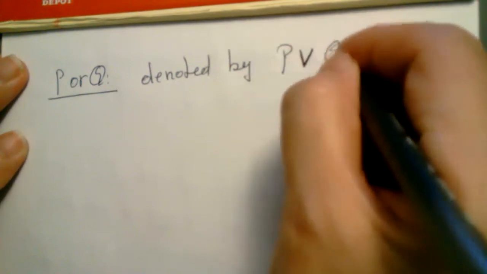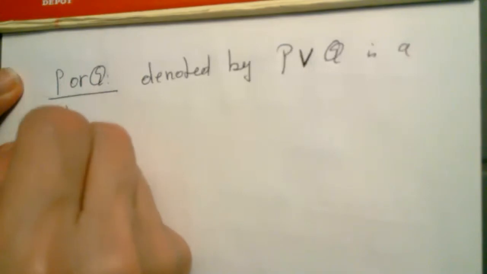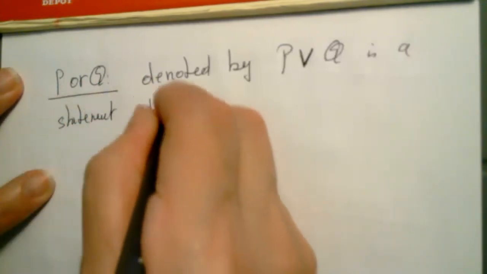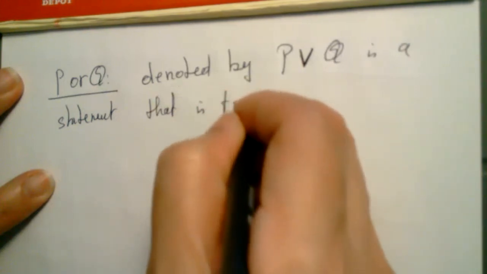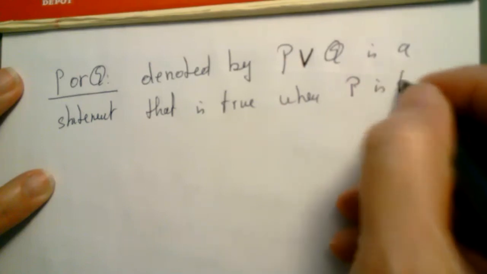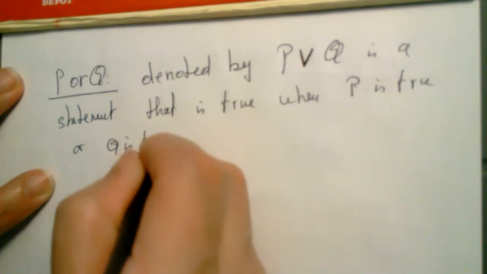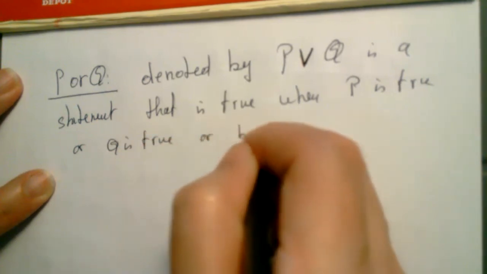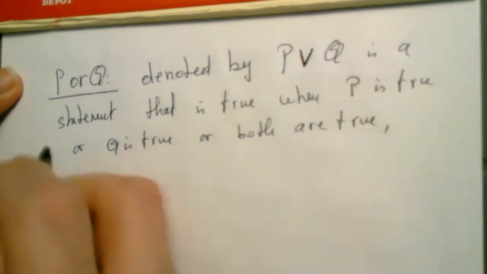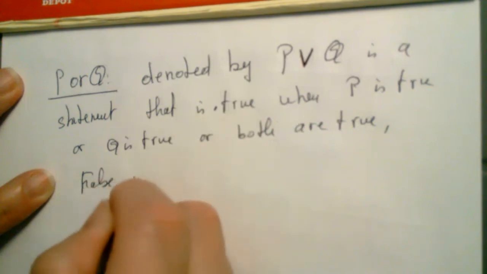P or Q is the following statement. It's a statement that is true when P is true or Q is true or both are true. And it's false when both are false.